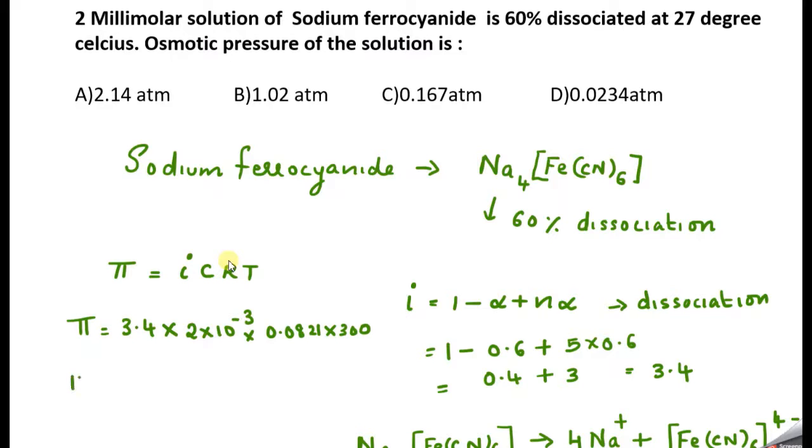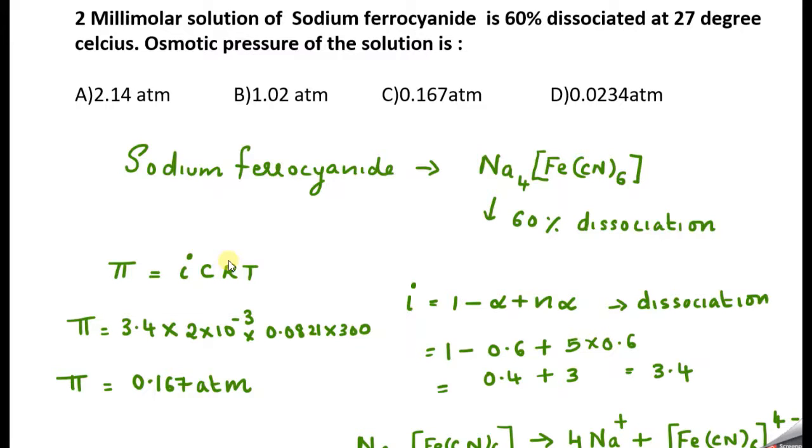If you calculate this pi value, the osmotic pressure, you will get 0.167 atmosphere.